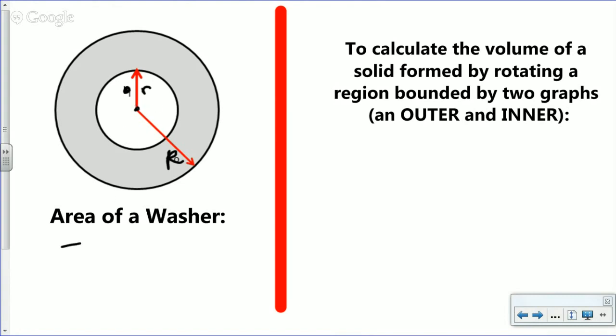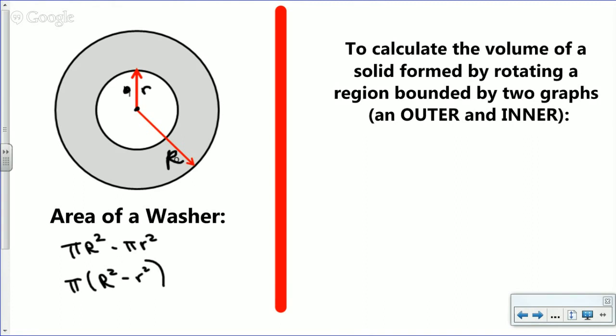Well, the area of the big circle is pi capital R squared, right? And the area of the little circle is pi little r squared. So to make it look nicer, we could factor out the pi and get pi times the quantity capital R squared minus little r squared. Okay, and that would be the area of this washer.